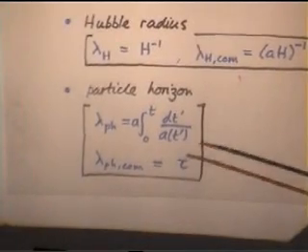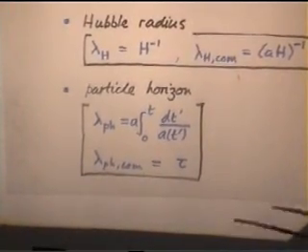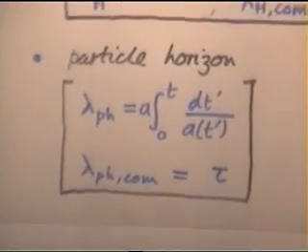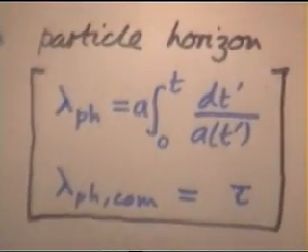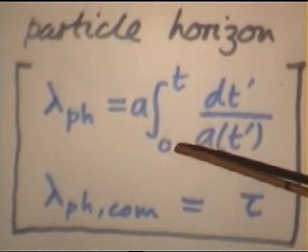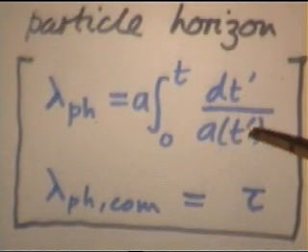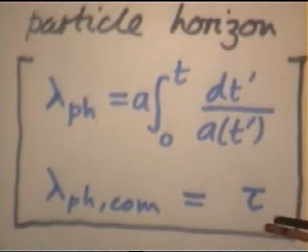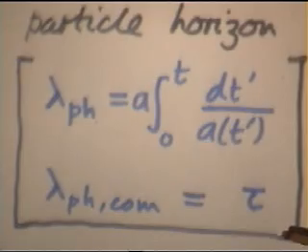The particle horizon, on the other hand, as defined by George, and I can't go through this in detail because I don't have time, but it was gone through in quite a lot of detail by George, and it's in the notes that George handed out. This is given by the scale factor a times the integral from 0 to t of dt prime over a of t prime, and the co-moving particle horizon you just divide by a, so it's just this integral, which is the conformal time, essentially.